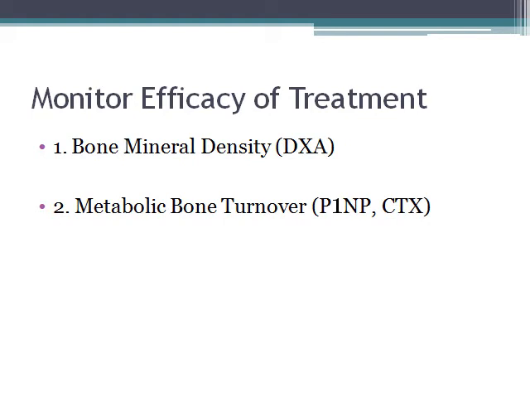And also, metabolic bone turnover should be evaluated, and to show that there's not a lot of bone turnover going on. And this can be determined by measuring serum levels of P1NP and CTX. We're not going to get into discussion of the metabolic bone markers in this talk, but in the future we'll have some more information on this.